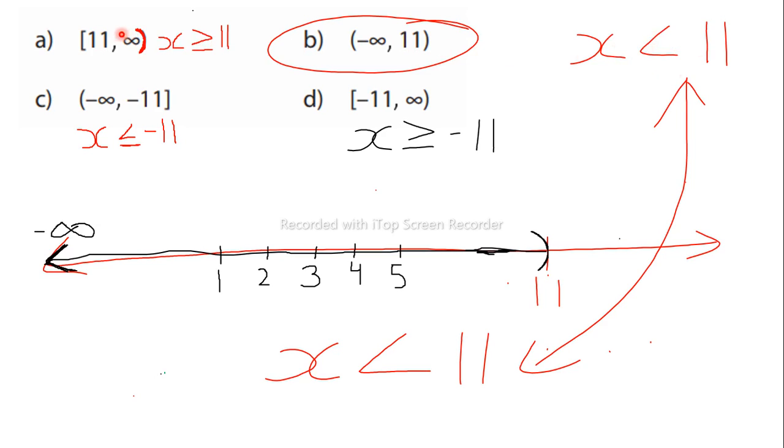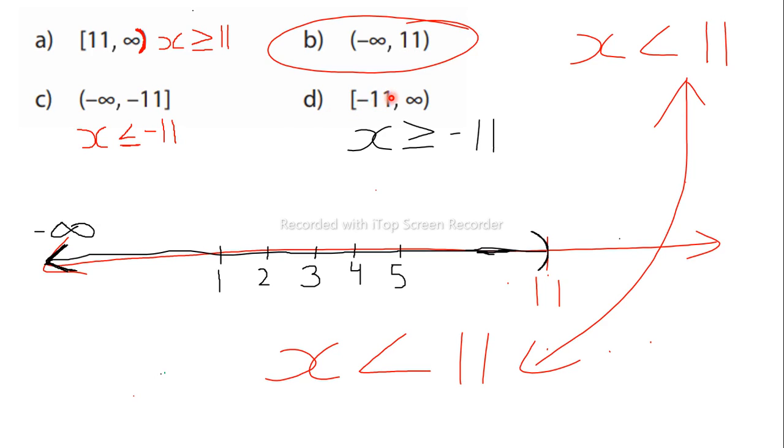So let's look for this option. Here they include 11, so we already know that this wouldn't work, because this was strict, which means that we do not include 11. But here they include 11, so that definitely isn't going to work. Here they don't even have 11, they just have negative 11. We're not talking about negative 11, so we know definitely C cannot be the answer.